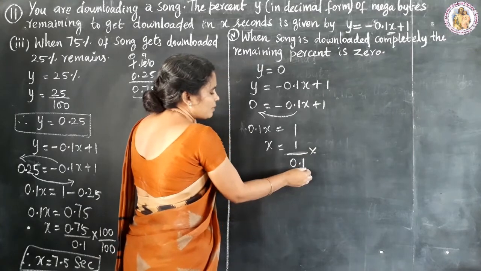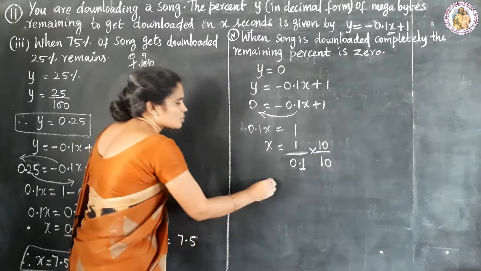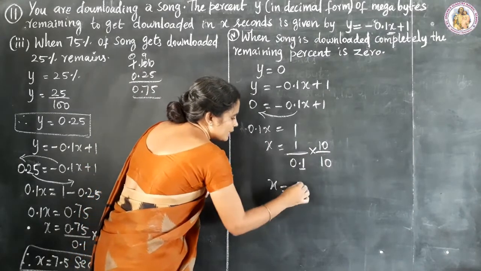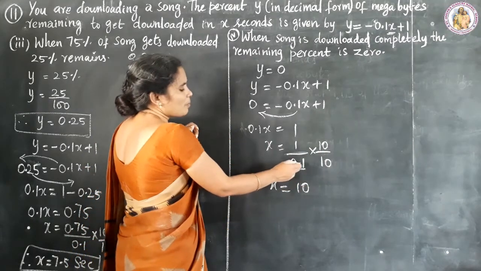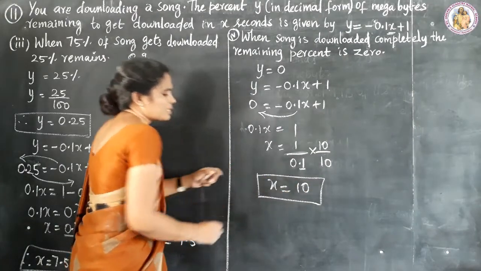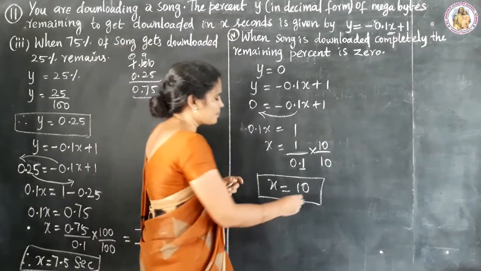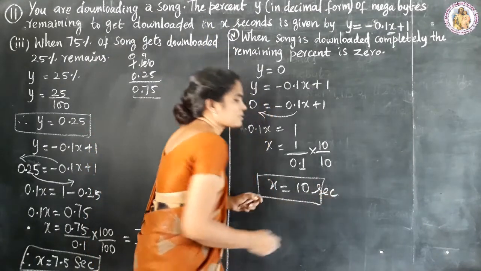After the decimal we have one place, so both numerator and denominator are multiplied by 10. So x is equal to 1 into 10, which is 10, and 0.1 into 10 is 1. So x is equal to 10. As x is given in seconds, it is 10 seconds.